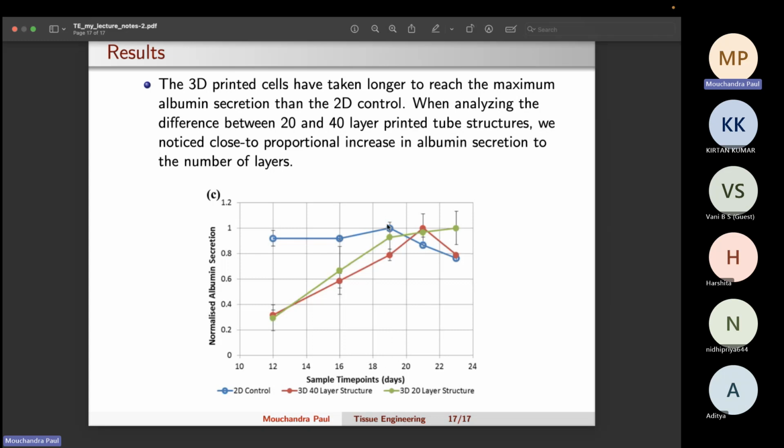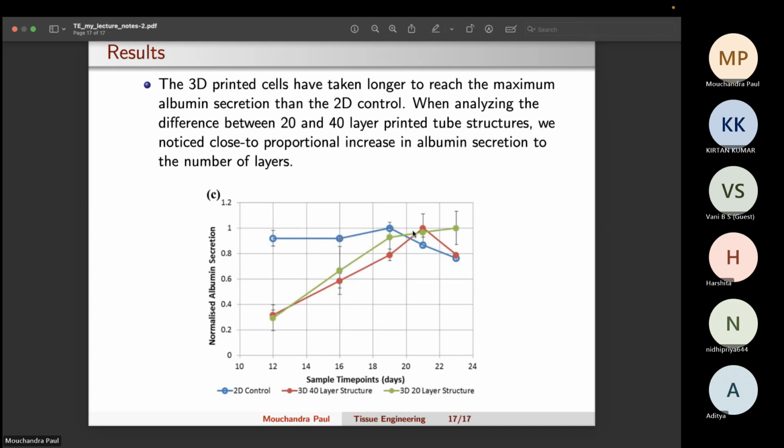At day 18, the albumin secretion has peaked. Whereas in the 40-layered structure, the red one, it reached its peak around 20 days, and in the 20-layer structure, the peak of albumin secretion is at around 22, 23 days.